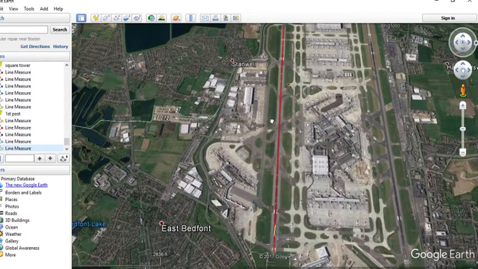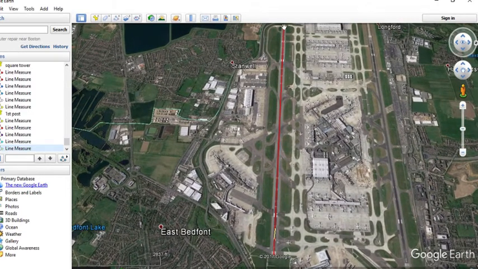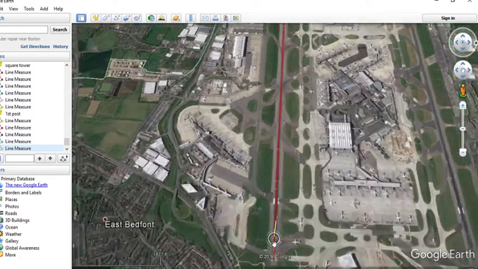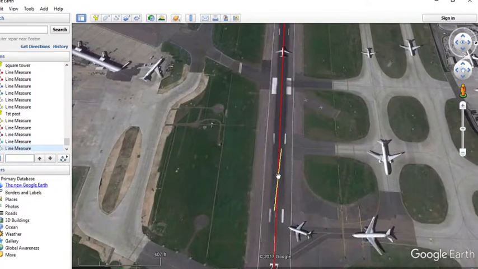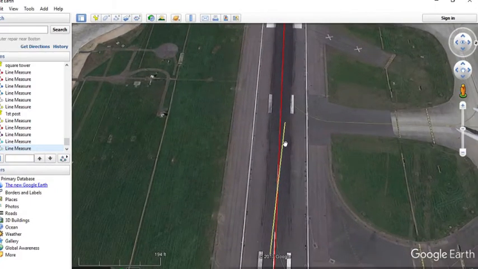All right, in this example, I've drawn a line along the center of a runway in Heathrow Airport, and I'm going to be showing how distant objects change orientation relative to near objects. This line will represent the distant towers. And here I've drawn a line in yellow to represent the close square tower, but orientated slightly off.